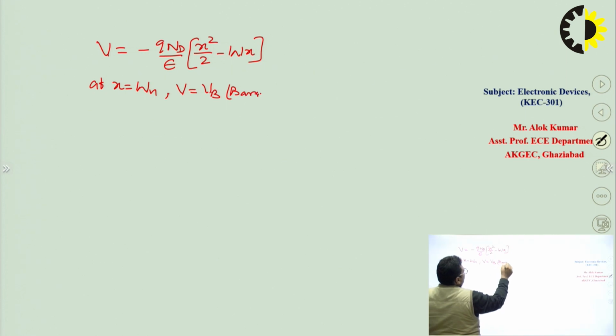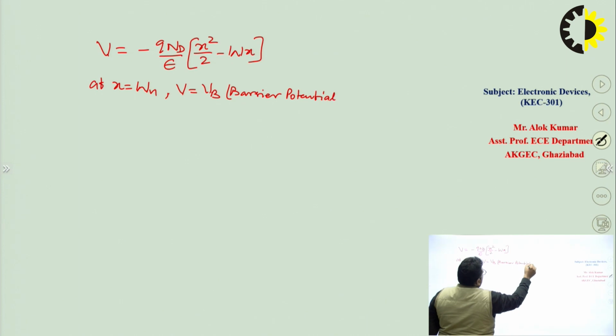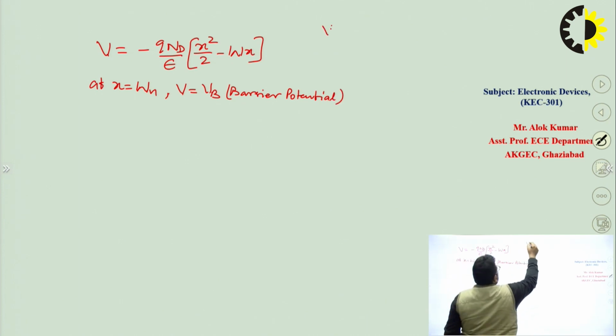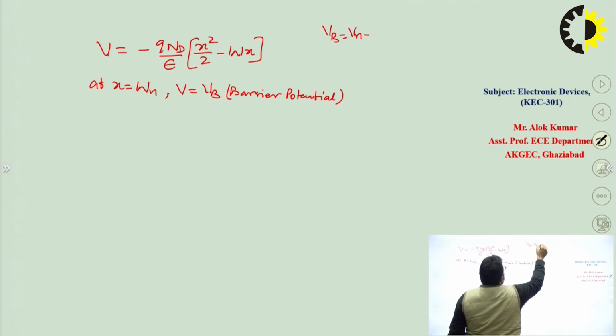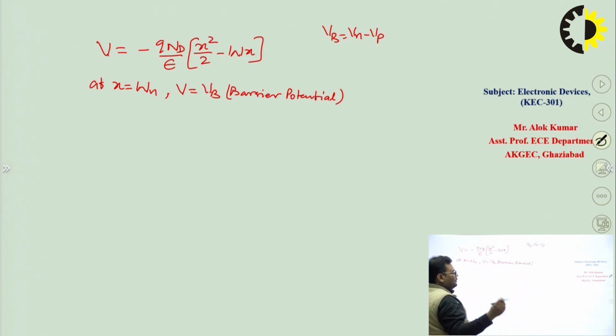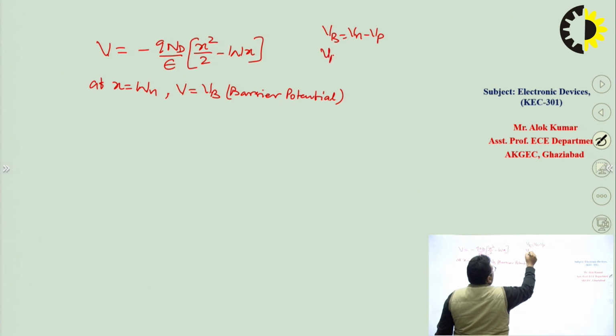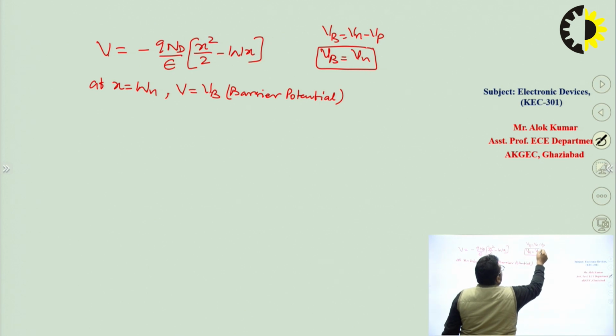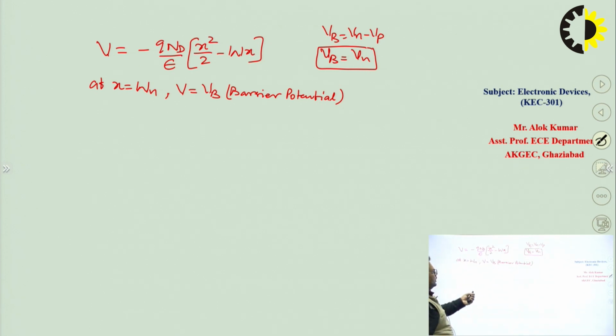Generally VB is equal to Vn minus Vp, but here we are considering that the depletion region on the P side is very narrow. So VB will directly be equal to Vn, we can say. The voltage at the edge of the depletion region on the N side directly represents the barrier potential. So V will be equal to VB at x is equal to Wn.